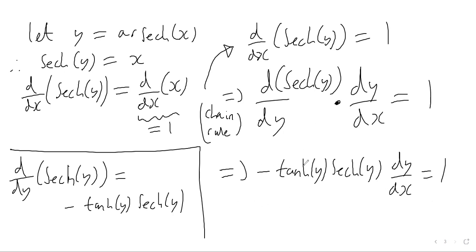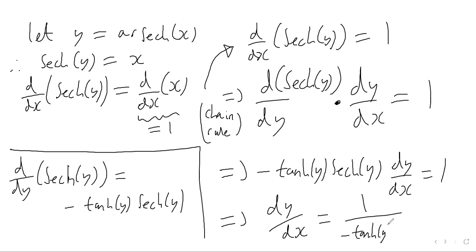Brilliant. So now we can divide both sides by negative tanh y sech y, and we will get dy by dx equals 1 over negative tanh y sech y. But I'm just going to move the minus sign on the denominator to the numerator. It doesn't matter where that minus sign goes.